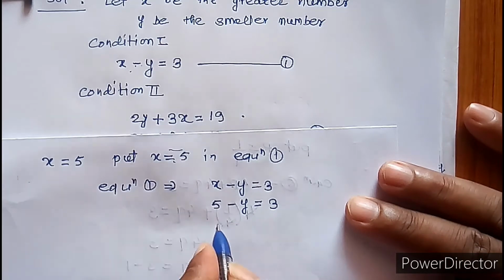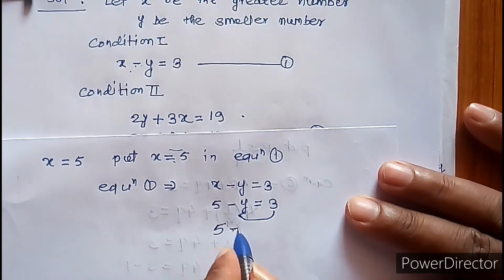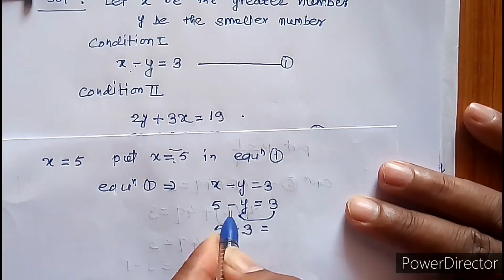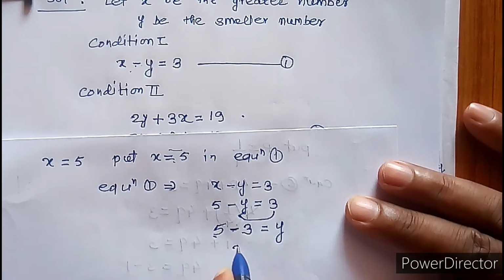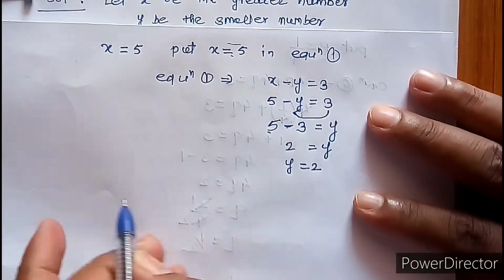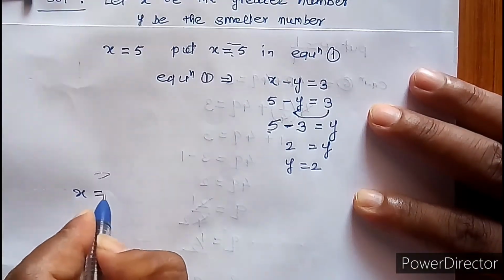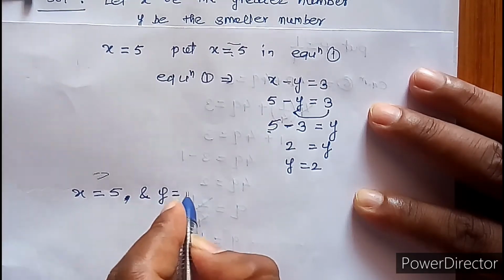Now the 5 changes sides, and 3 goes to the other side and becomes minus 3, and minus y on changing sides becomes plus y. 5 minus 3, that is 2, equals y. It means y equals 2. We get the values of x and y: x equals 5 and y equals 2.